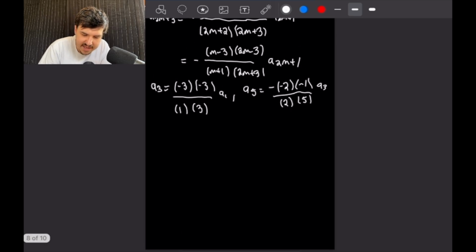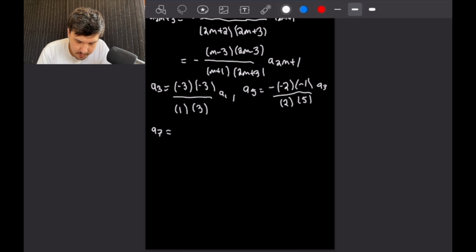Now let's calculate our a sub 7, which will be when m is equal to 2. Just like before, when our m is equal to 3, we will not have any more coefficients, as we will get a 0 in our numerator. So this will be our last coefficient we need to calculate. So when we have a sub 7, our m will be equal to 2.